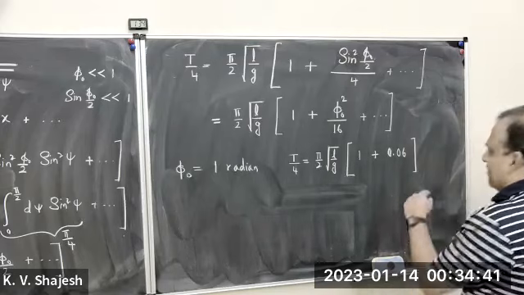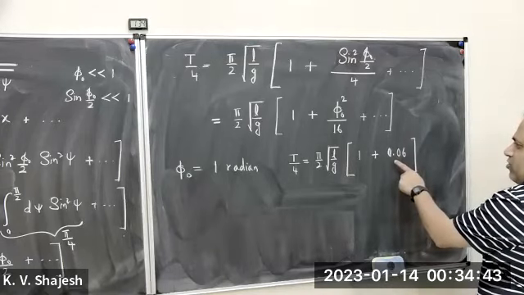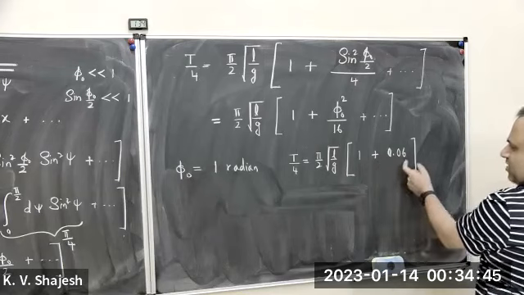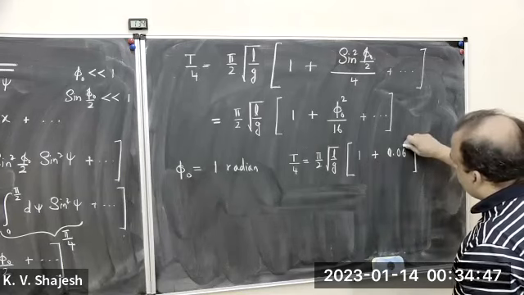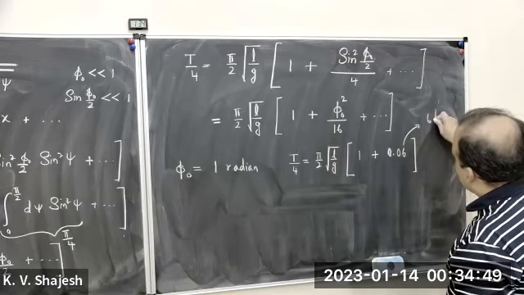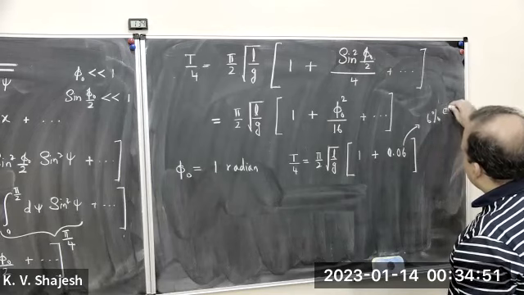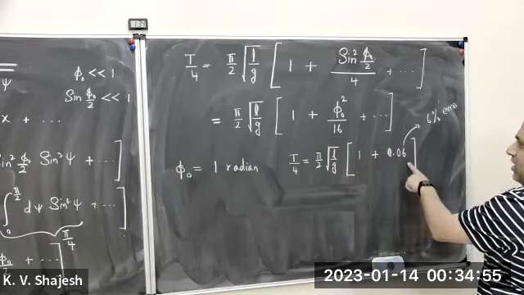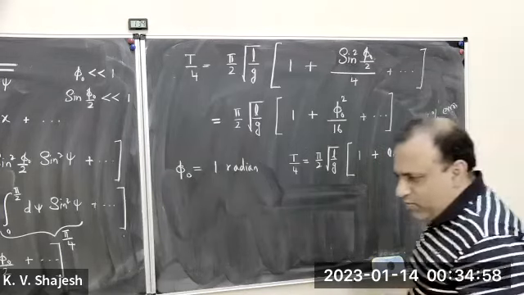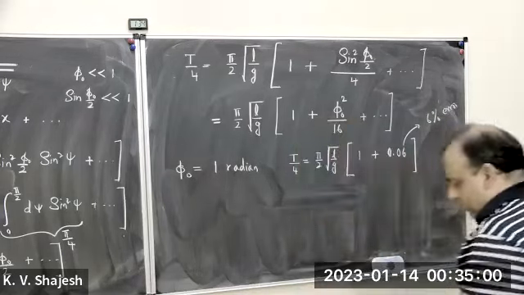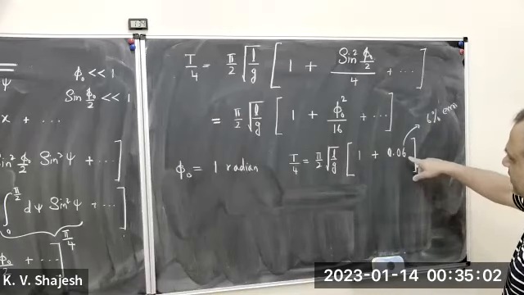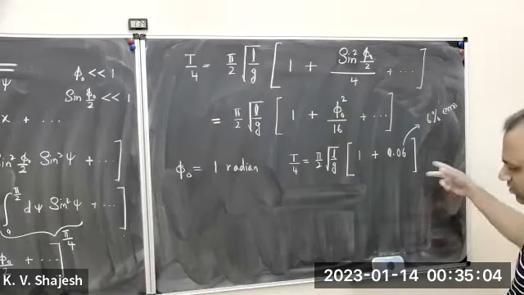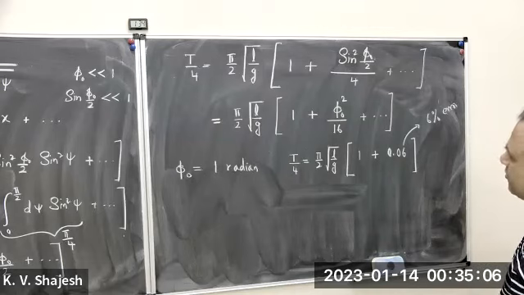And notice, this is your 1, so that's about 6% error. So this is 6% error. Instead of measuring a 1, you would actually, if you were to include your amplitude contribution, it is 6 in 100. So that's about 6% error.